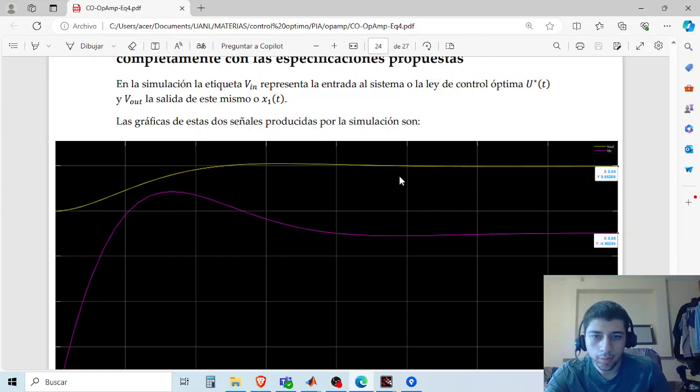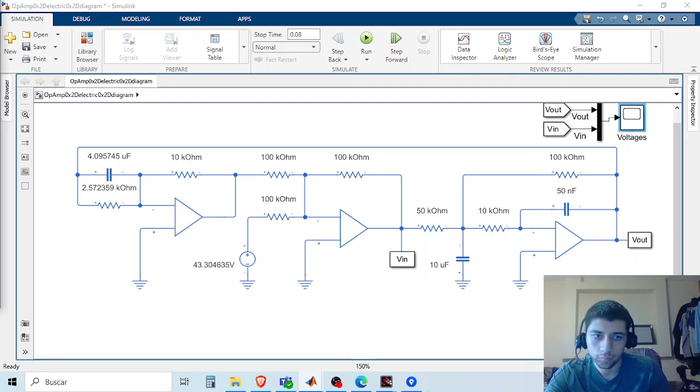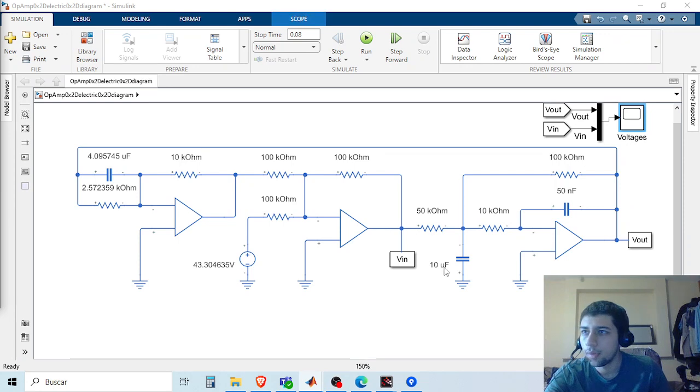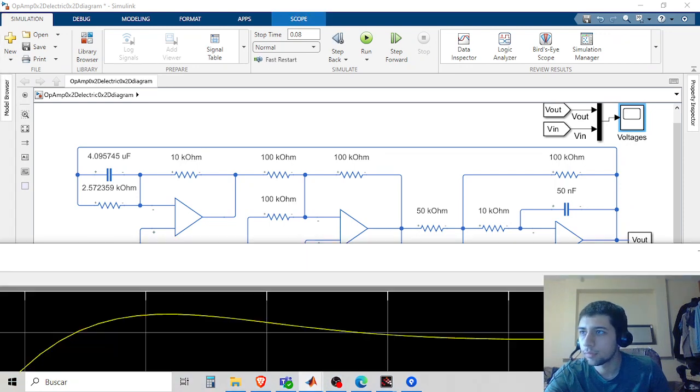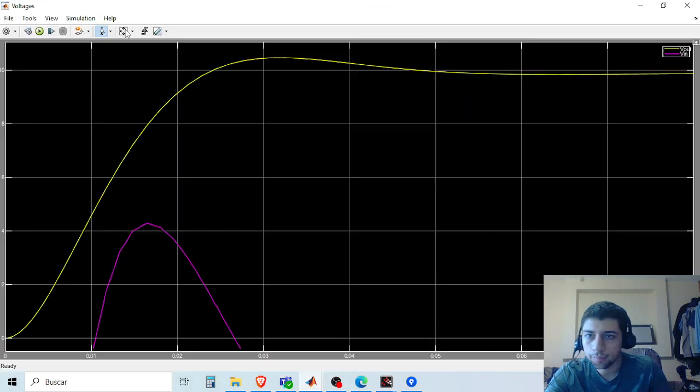So as we see here, the yellow one would be our output voltage value, and the pink one would be our... I think I got some error. Oh, no, it finished. So I'm gonna open the graphs. Okay, so here are our graphs.